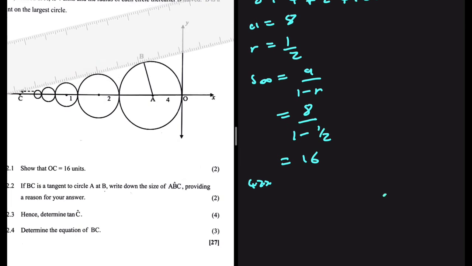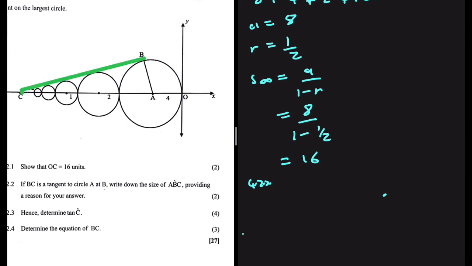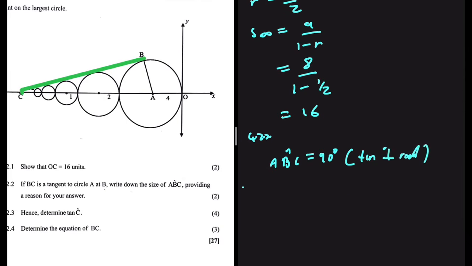Let's just join those 2 points. BC is a tangent, AB is a radius. We know that the radius is perpendicular to the tangent. So that is to say that the size of angle ABC is 90 degrees because the tangent is perpendicular to the radius.